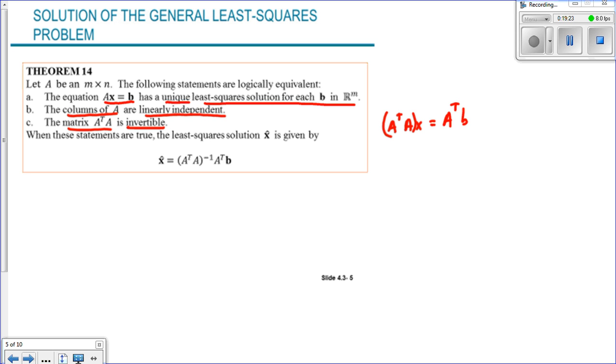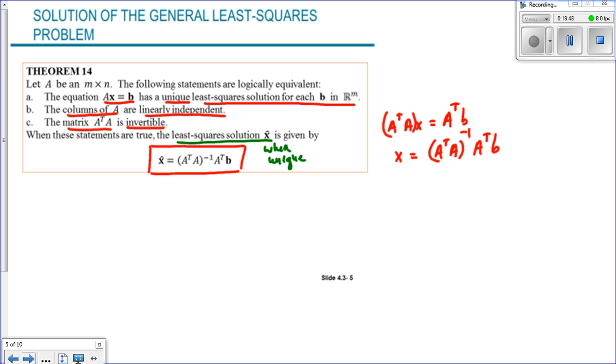That would mean then that we could solve for x by taking the inverse of A transpose A on both sides. If I apply that to both sides on the left side, this would be my unique solution. So that would be the unique least square solution. Okay, but when it's not unique, you'll have to solve it using the augmented matrix and get that general solution like we did in the last example.